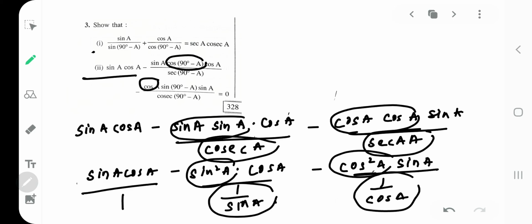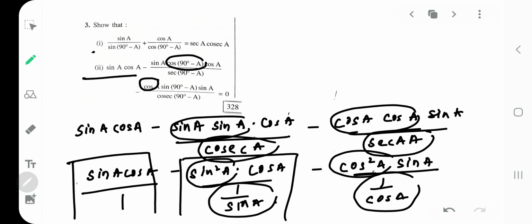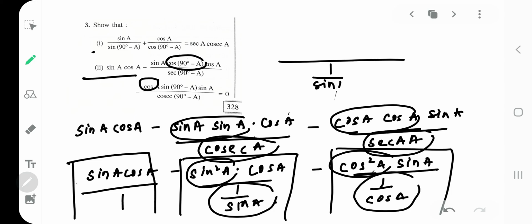Now if I take LCM for these three terms, 1 term, 2 term and this 3, the LCM will be 1 upon sin A into cos A. My first term is not having anything, so I have put 1 down. So I have to multiply with 1 upon sin A cos A to the denominator as well as to the numerator.